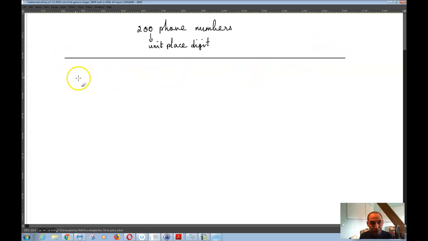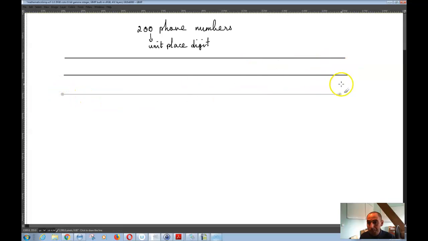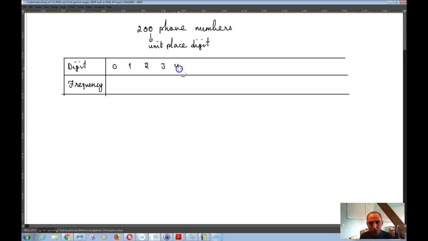Meaning that we had, for example, the digit and the frequency of that digit. So we had 0 through 9, 0, 1, 2, 3, 4, 5, 6, 7, 8, and 9.